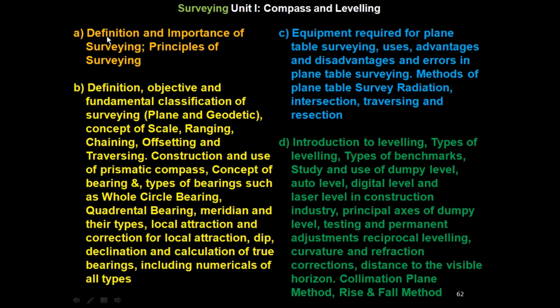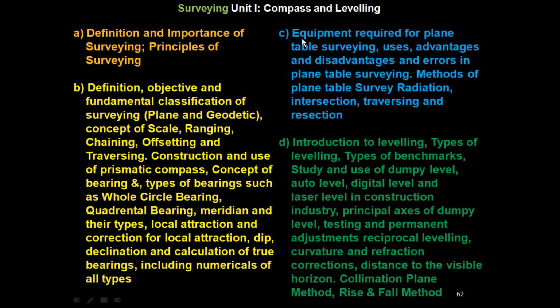Part A, definition and importance of surveying, principles of surveying. Part B includes definition, objective and fundamental classification of surveying, plane and geodetic, concept of scale, ranging, chaining, offsetting and traversing, construction and use of prismatic compass, concept of bearing and types of bearings such as whole circle bearing, quadrilateral bearing, meridian and their types, local attraction and correction for local attraction, dip, declination and calculation of true bearings including numericals of all type.